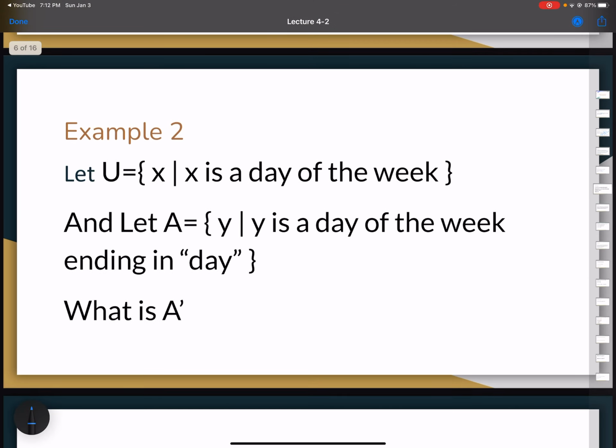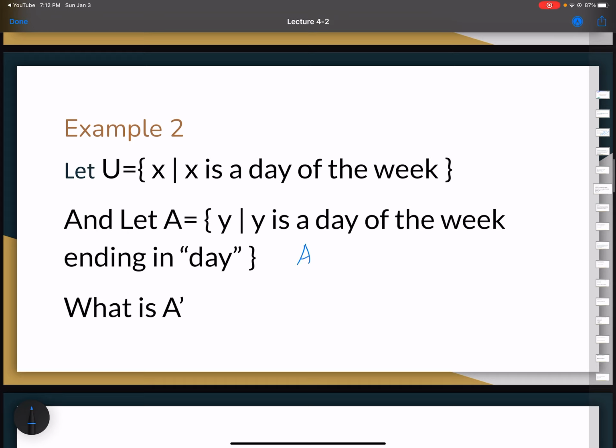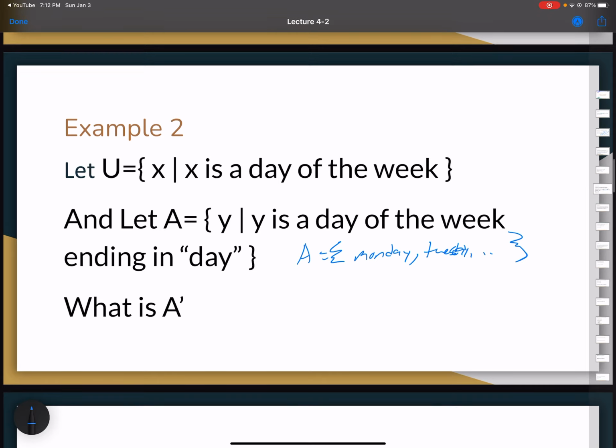Another example: let U, the universal set, be x such that x is a day of the week. Let A equal y, given that y is a day of the week ending in day. So, for example, A would be days like Monday, Tuesday, and all the other ones that end in day. So what would A complement be here?